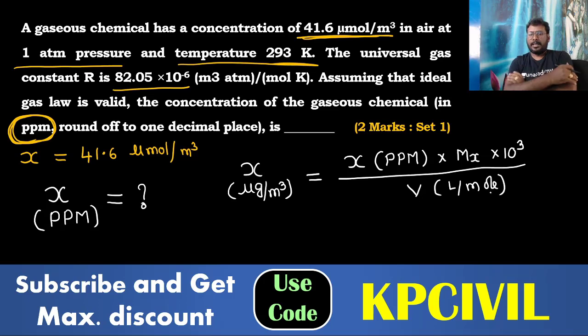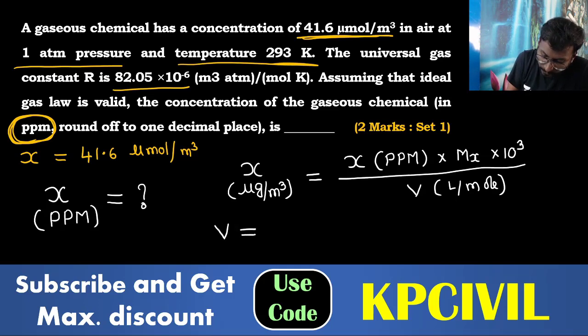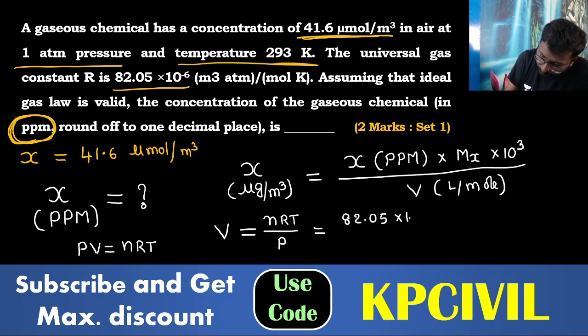Volume comes from PV equals nRT, so volume is nRT by P. You will consider n equal to 1. So now R is 82.05 into 10 power minus 6.